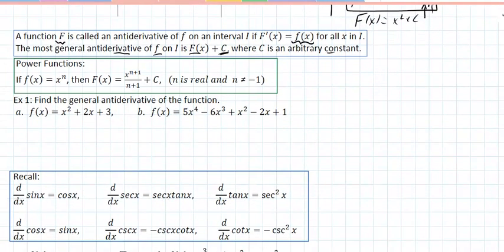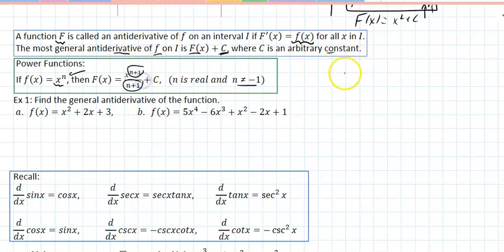And here's the most common we're going to start with. If I take a derivative of a power function, what a power function is, a variable raised to a number, as long as that number is not negative 1, I will add 1 to the power, divide by that.